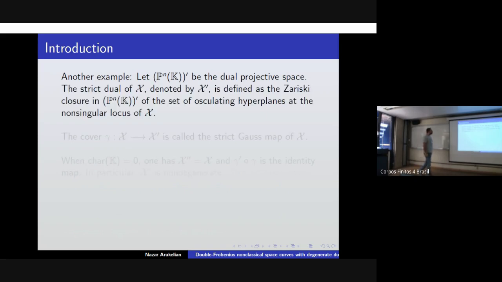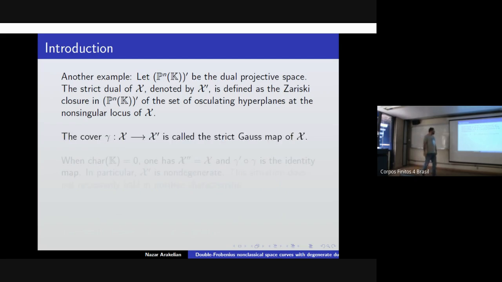And given a curve in Pn, you can construct the dual curve using the osculating hyperplanes. Okay, so you take a smooth point of your curve, and it has only one osculating hyperplane, which is the hyperplane with the highest possible intersection multiplicity. And this hyperplane will correspond to a point, and you take the closure of all these points in Pn prime, and you have the dual curve. Okay.